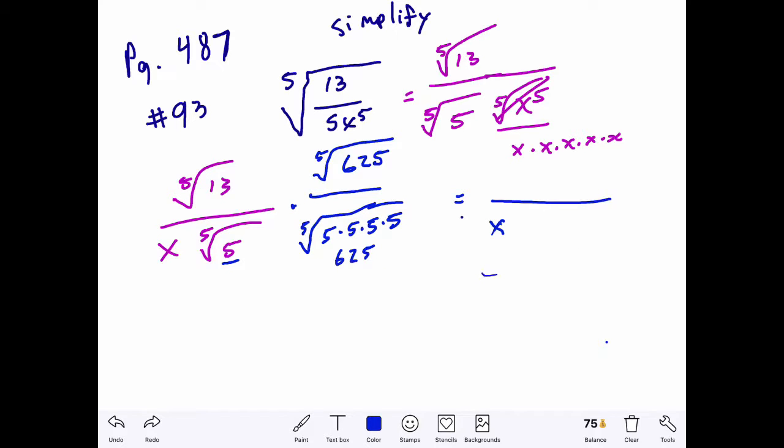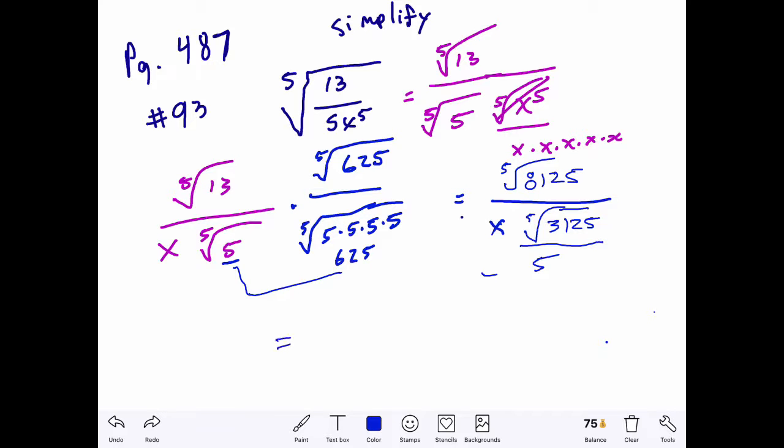And then 5 times 625 is the 5th root of 3,125, which is going to end up being 5, right? But I'll show that here first, right? This will become 5. Okay. And then up top, I've got 625 times 13. 8,125. So I've got the 5th root of 8,125.